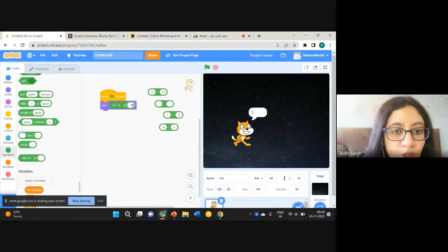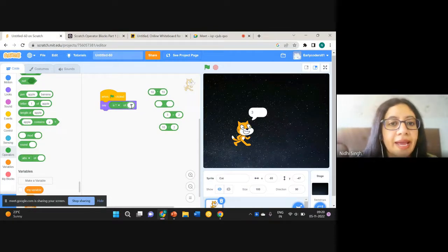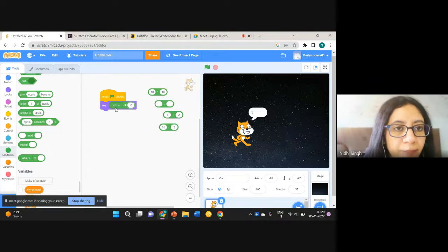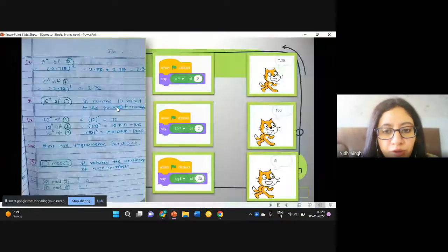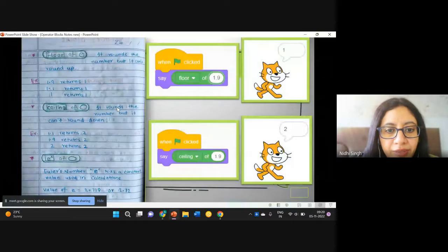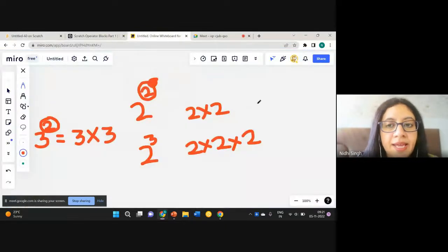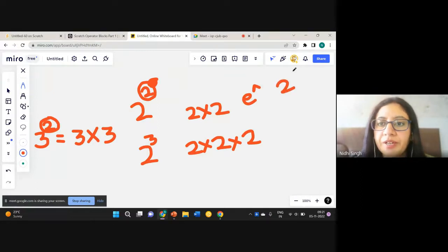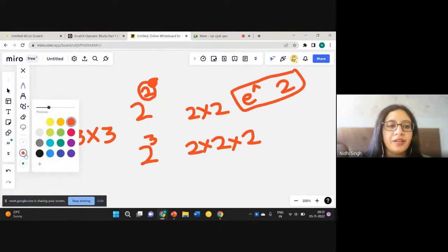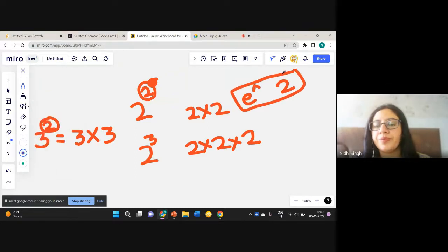Now, what is happening here? In e of 2, the number 2 is the power. And what is the value of this Euler number? The value is 2.72. Among these two numbers, 2 is the power.